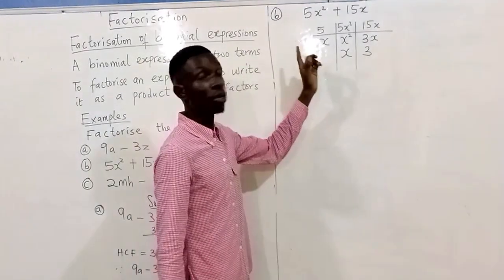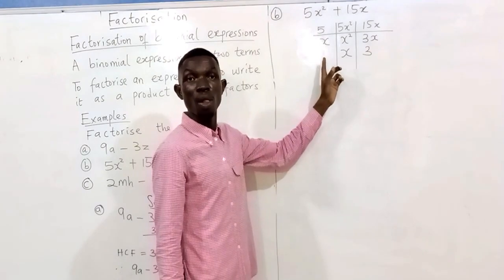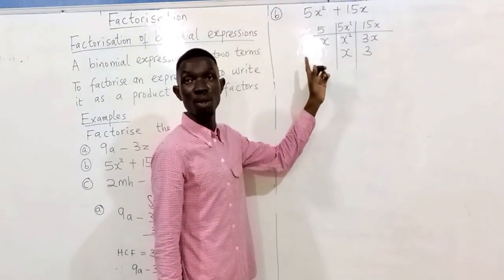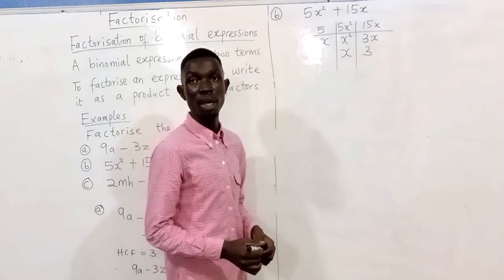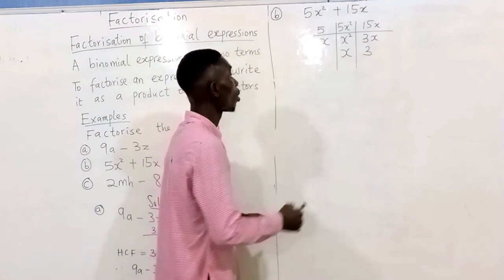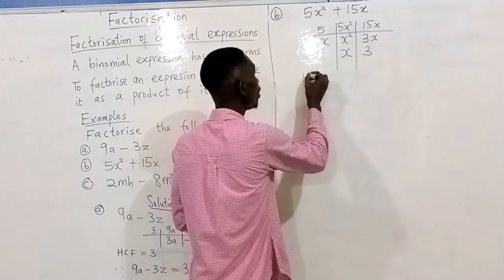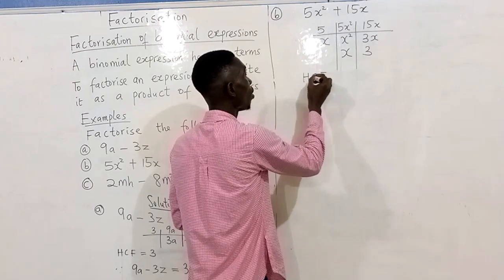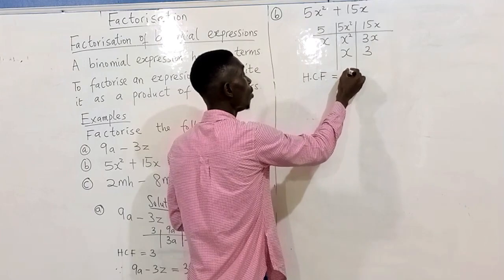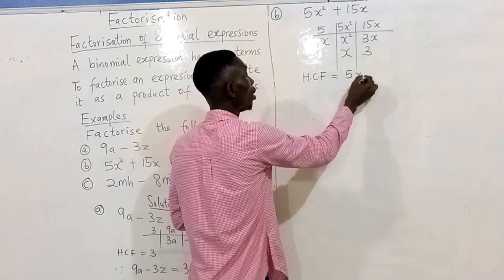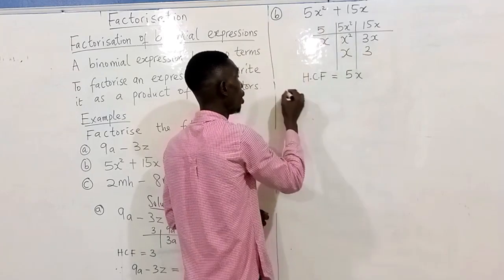In case you are not getting what we are doing here, you can check our last video on HCF of algebraic terms. So at this point, the HCF is equal to 5x. It's 5 times x.